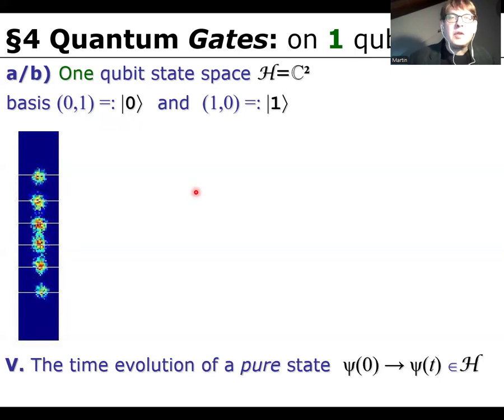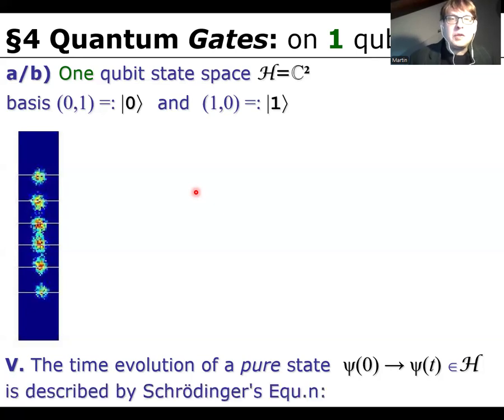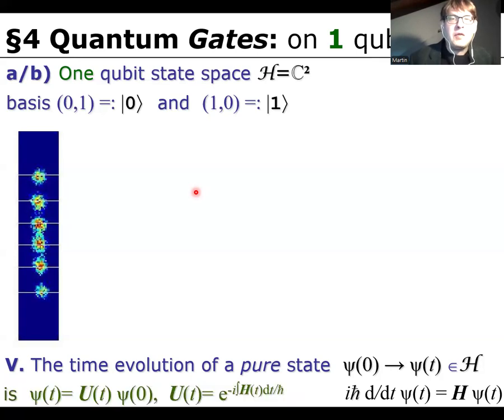And one thing to keep in mind is the fifth axiom of quantum mechanics is that the time evolution, in this example of a pure state, is described by Schrödinger's equation. And Schrödinger's equation amounts to a unitary time evolution. So if we start with the state psi at time 0, then at time t, the state is described by multiplying the initial state as a vector in a Hilbert space with a unitary matrix in the finite dimensional case of Hilbert spaces, which depends on time.